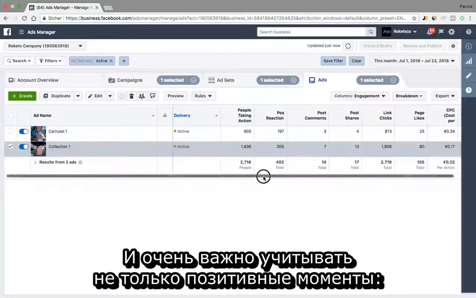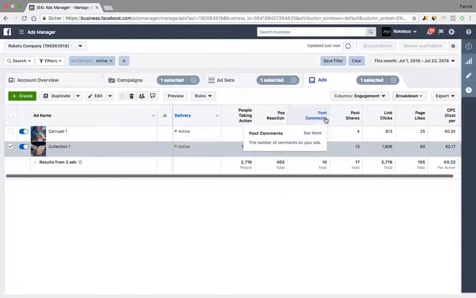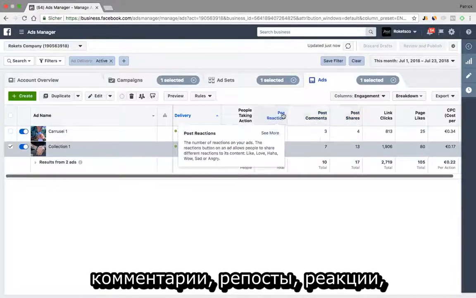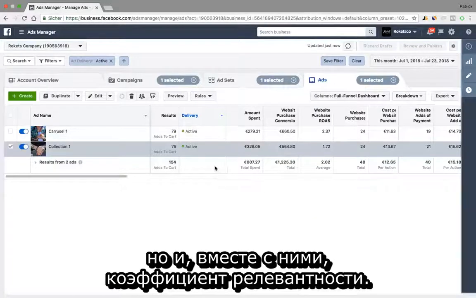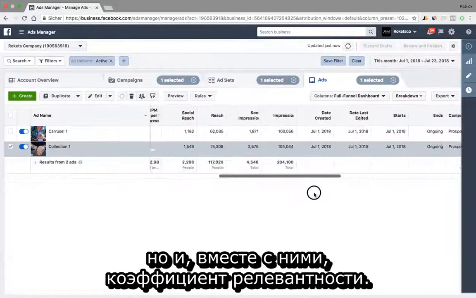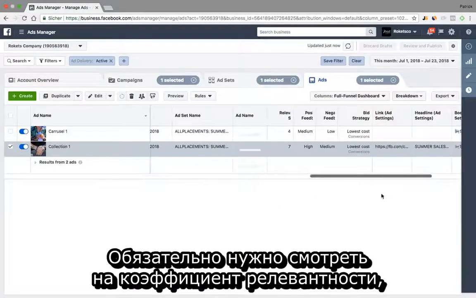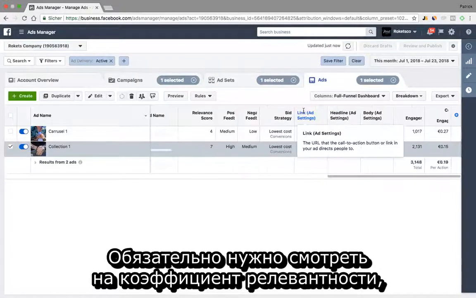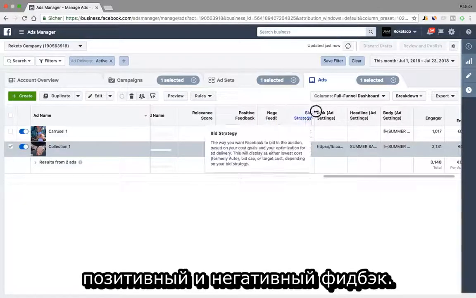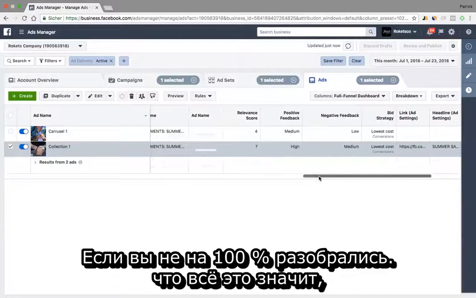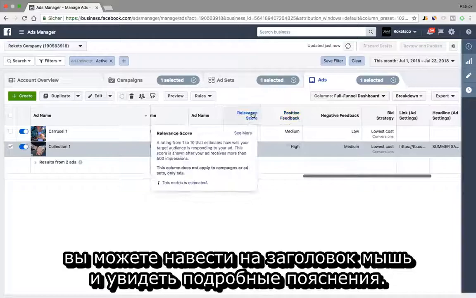And you should always have in consideration not only the post comments, the post shares and the reactions, but all of this comes together actually in the relevance score, okay. So you really have to have in consideration the relevance score, the positive and negative feedback, okay. And if you're not 100% sure what it actually is, you can just hover over it with your mouse, and here they explain it to you in more detail.